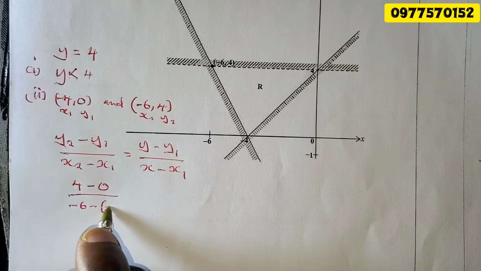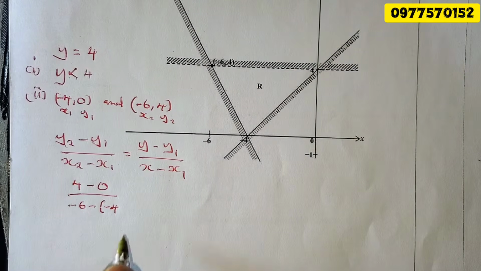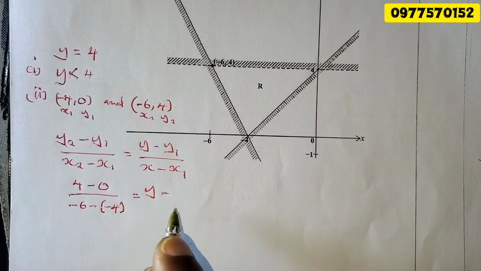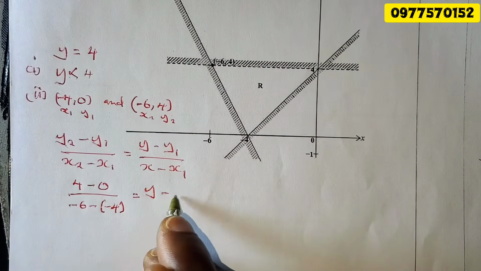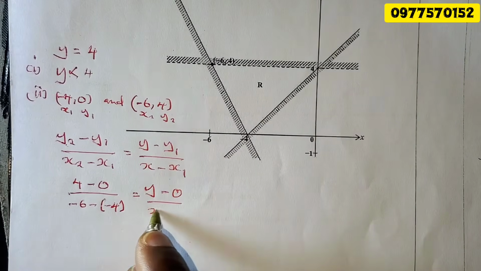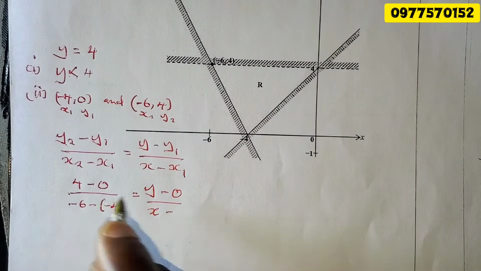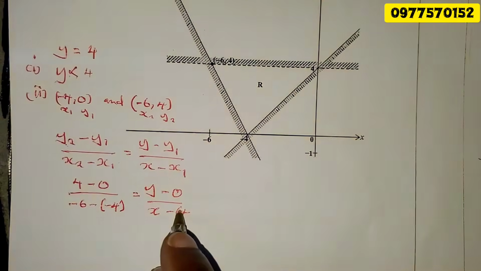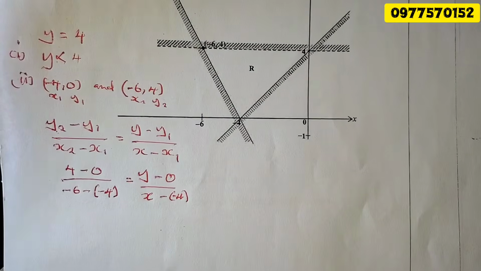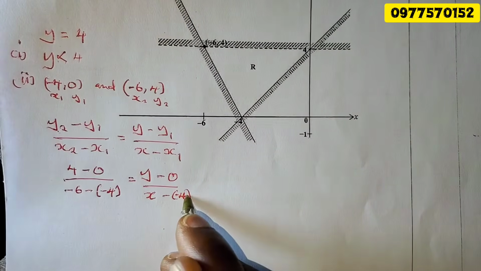This is how I'm going to write it, -4, like this. Is equal to y, which is just y minus y1, which is 0. Okay? Then x, which is just x minus x1, which is negative what? -4. Okay? Like that. This is a 4.